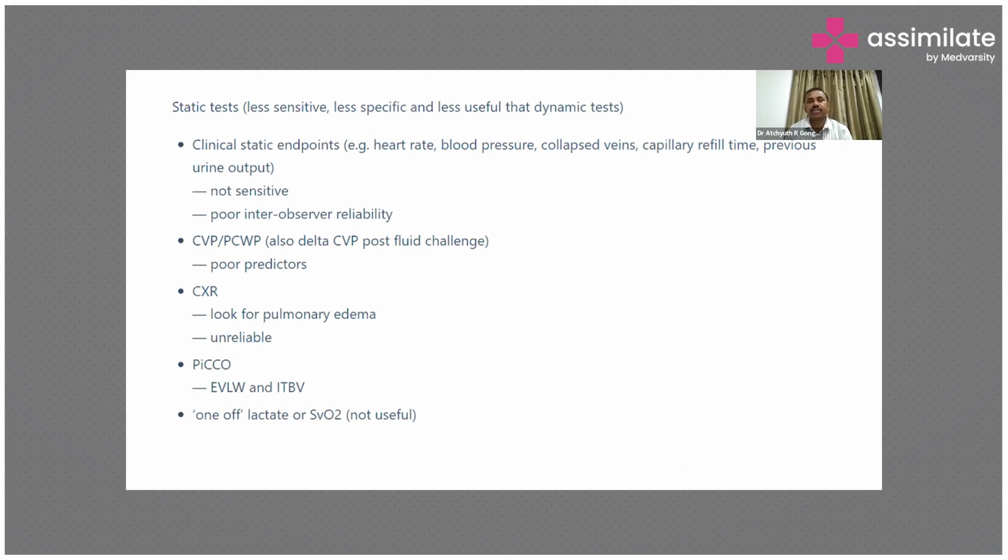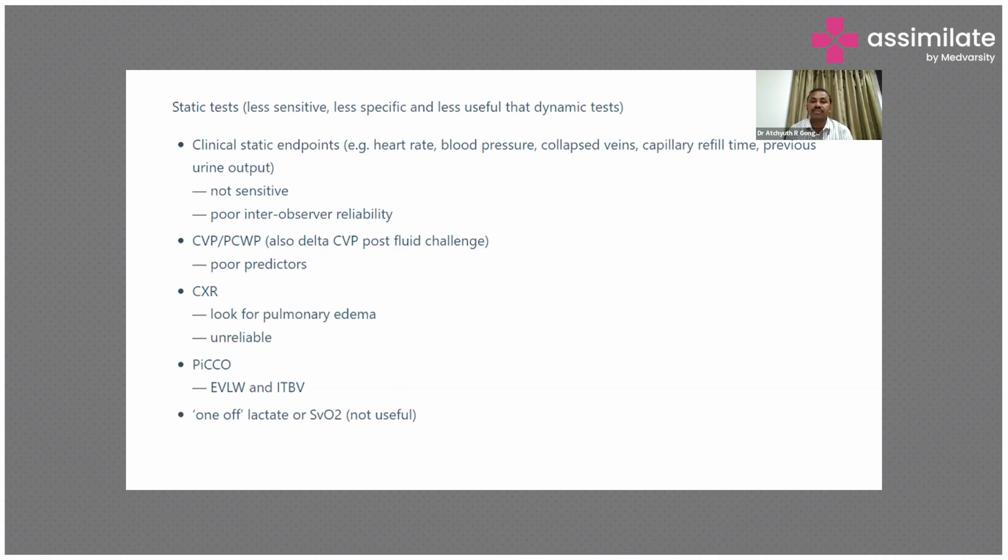The static tests are the age-old tests or clinical examination points we usually depend on. Those are the heart rate, blood pressure, collapsed veins, capillary refill time, and whatever the previous urine output was. As we all understand, they're not very sensitive, and there is a lot of observer variability.